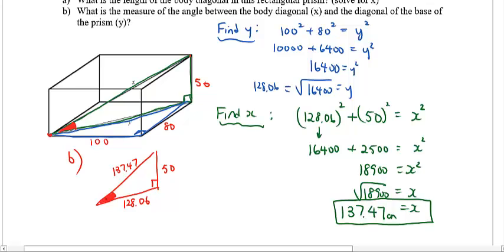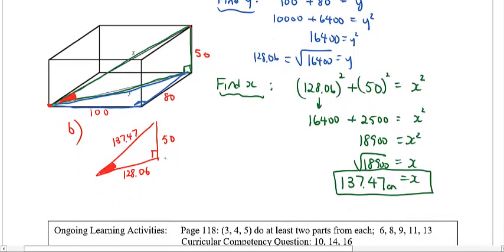So it's up to you which one you want to use. You know me, you know which one I like. That's right, it's tangent. So I'm just going to use tangent to do this. You can use sine or cosine, it's up to you. Just make sure you use the right numbers. And then because you're finding the angle, we're going to do the inverse tangent of the ratio. 50 over 128.06.